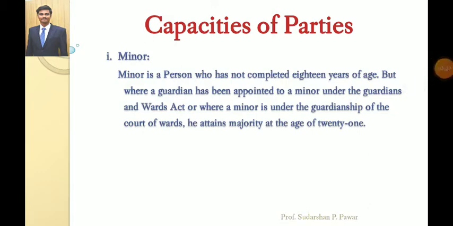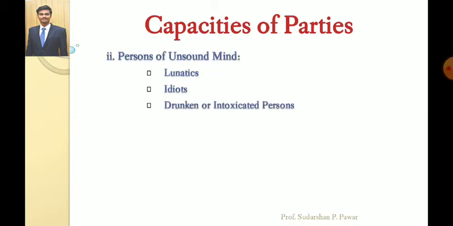Students, we are going to discuss persons of unsound mind. What is the definition of sound mind under the Contract Act 1872? To form a valid contract, each party should have a sound mind.